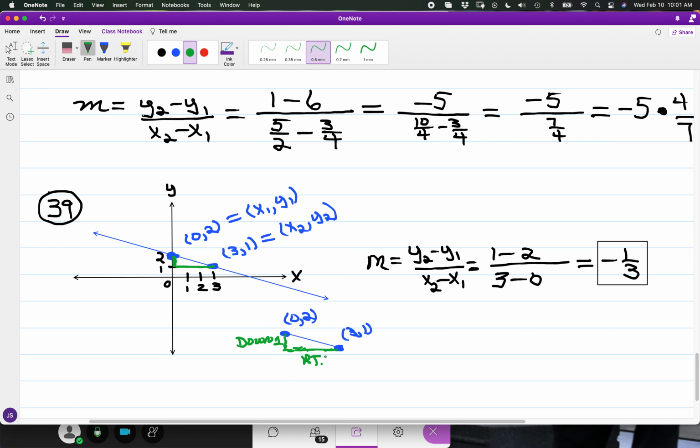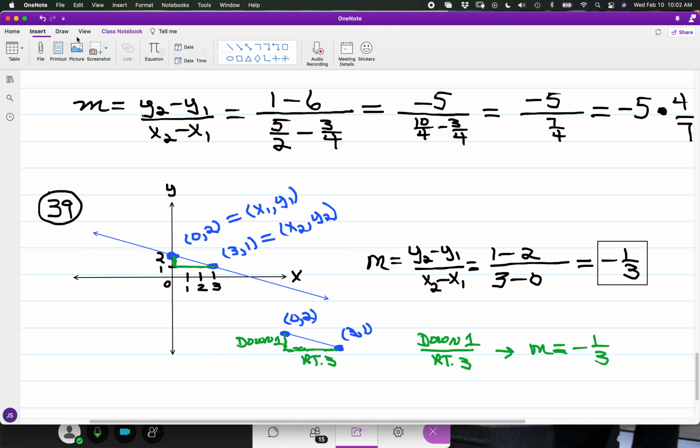Move over to the right 3 units, so you're going down 1 unit and over to the right 3 units, and this is going to signal that the slope is still going to be minus 1 over 3, or again negative 1/3.